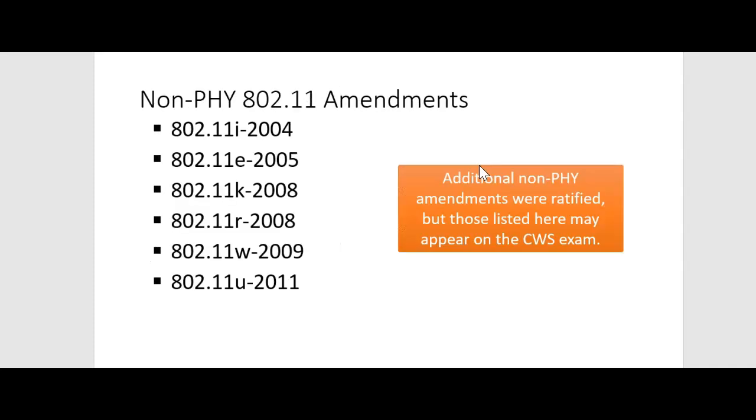And then there are a series of amendments that are important. They were ratified, and they may be on the exam only because of the key information that they brought to the table. Like the 802.11i, which introduced security to overcome weaknesses in the original security protocols that were put out in the 802.11 1997 protocol.